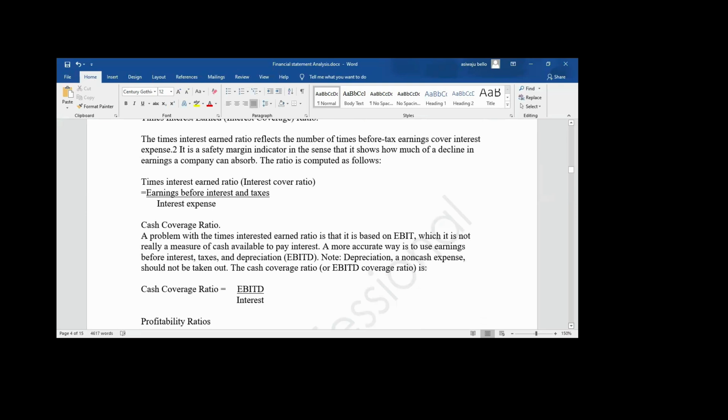The problem with interest cover ratio is that it's looking at profit before interest and tax, but that will not represent cash. Your profit before interest and tax is not a measure of cash available to pay interest.